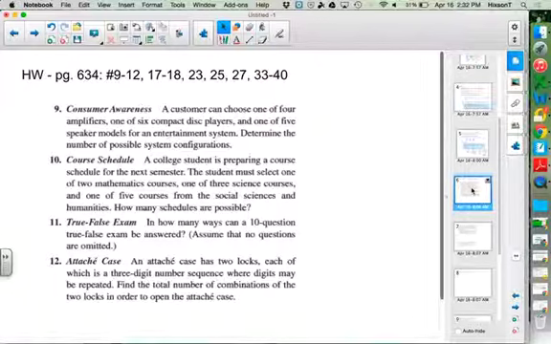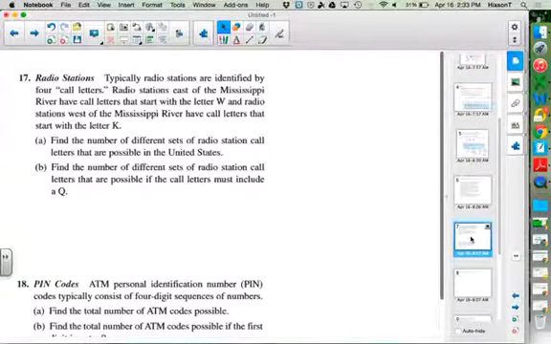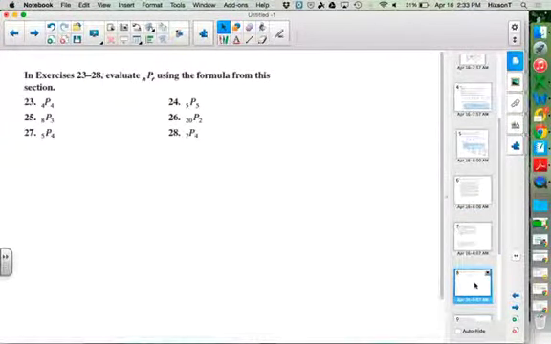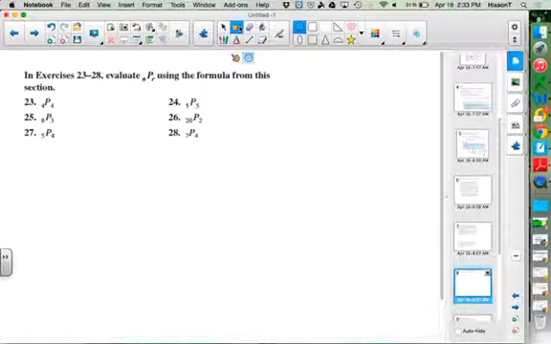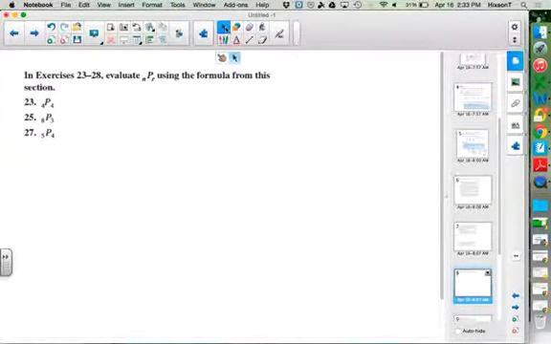Write them out. If there's a word you don't understand, look it up, or ask someone. But here we have 9 through 12, 17 and 18. All right, couple other problems. Here I only had listed 23, 25, 27.